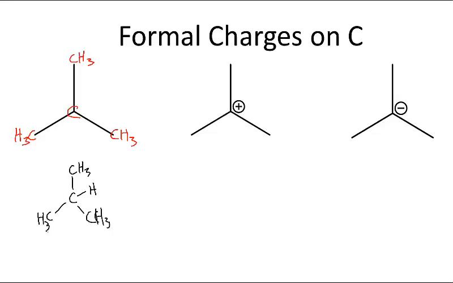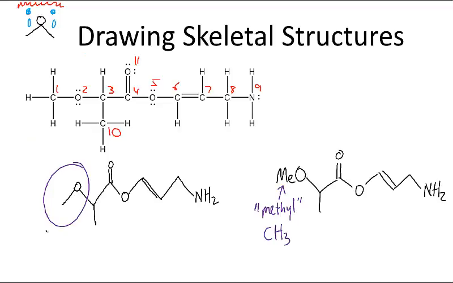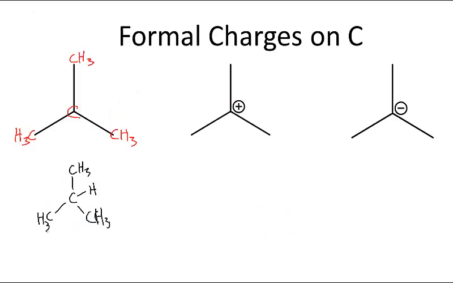One thing I want to point out is, notice I don't always write my CH3 groups as CH3. Sometimes I write them as H3C. Same thing will go with OH groups and NH2 groups. The reason is I want to show where the bond is going. And the bond is going to the carbon, not to the hydrogens. So one thing I'd like you to avoid is don't draw things like this.